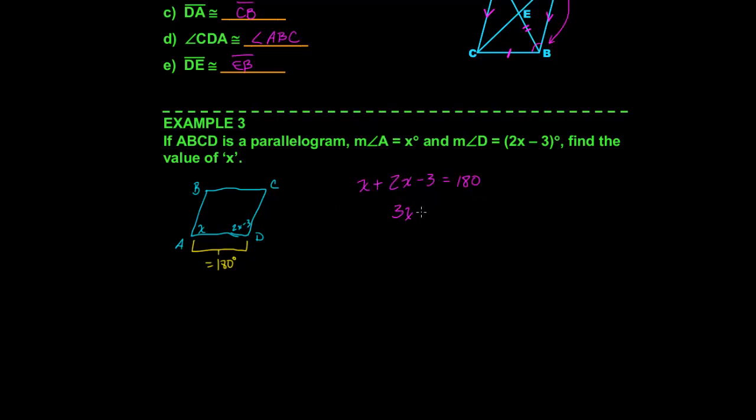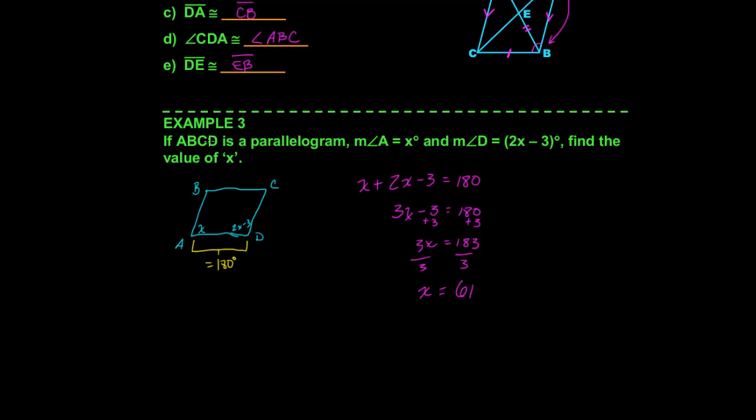Alright, so that's going to leave us 3x minus 3 equals 180. Add 3 to both sides: 3x equals 183. Divide both sides now by 3, and that will leave you x equals 61.